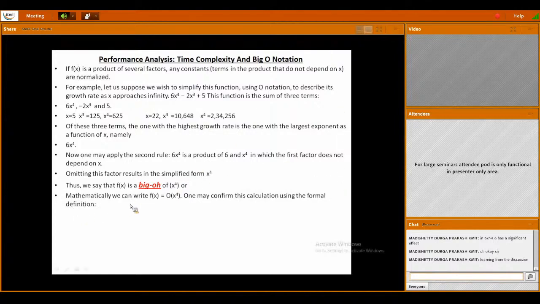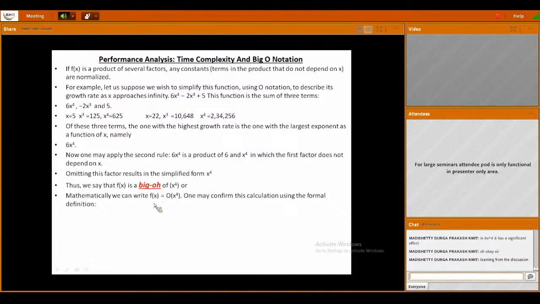So mathematically, we can write f(x) as O(x to the power of 4). So this f(x), that is 6x to the power of 4 minus 2x to the power of 3 plus 5, is reduced to another function O(x).